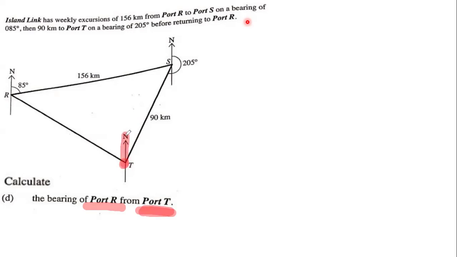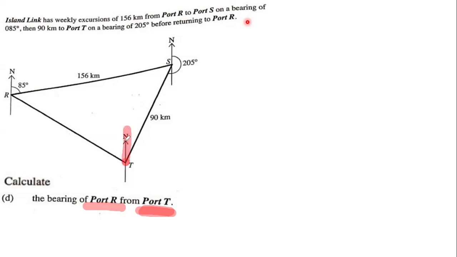So we have our north here. And then we're going to draw this angle here like so. So this is what they want us to figure out. Let me erase that and show you again. So we go to T, we say the bearing of port R from port T. So we start at port T and draw a north.